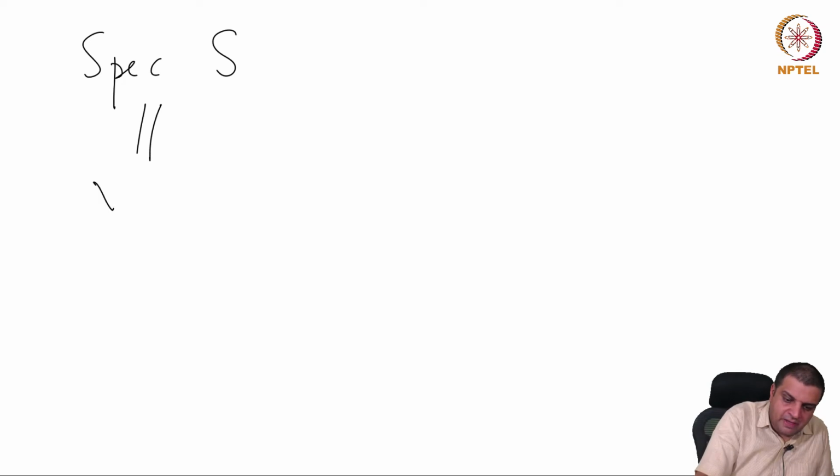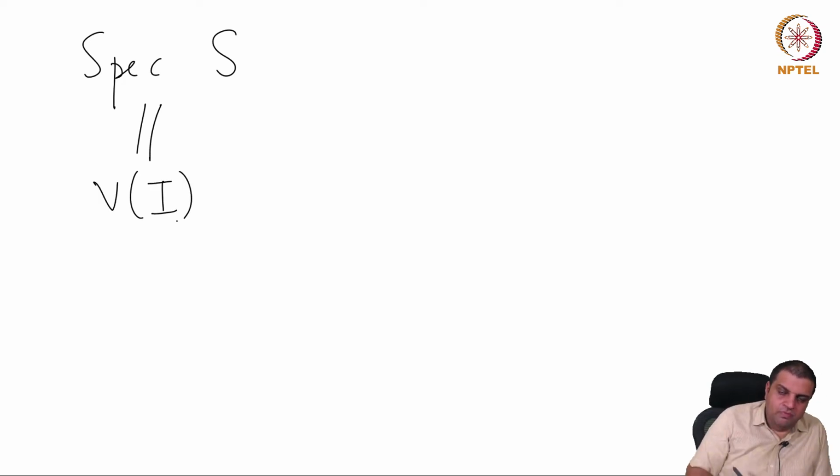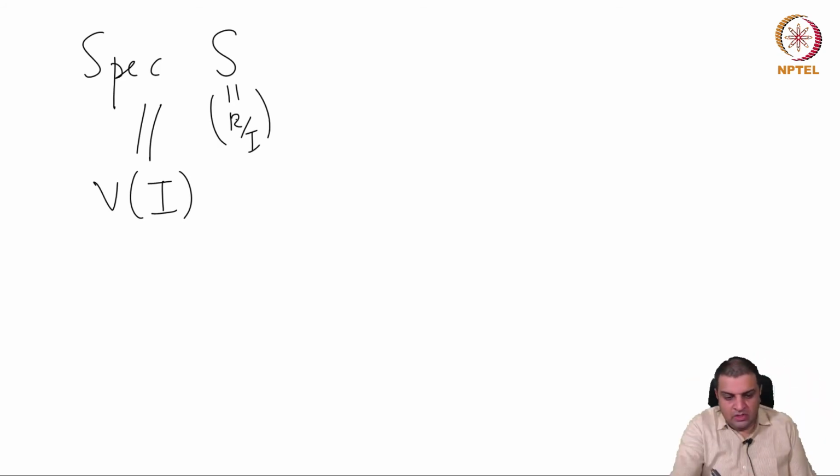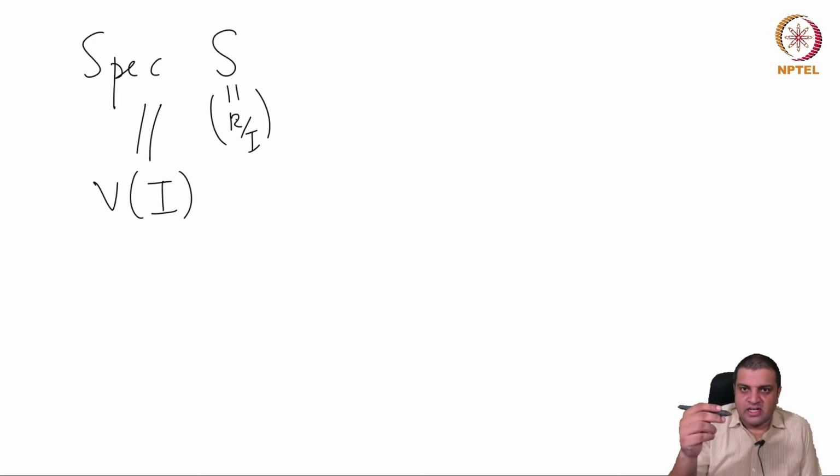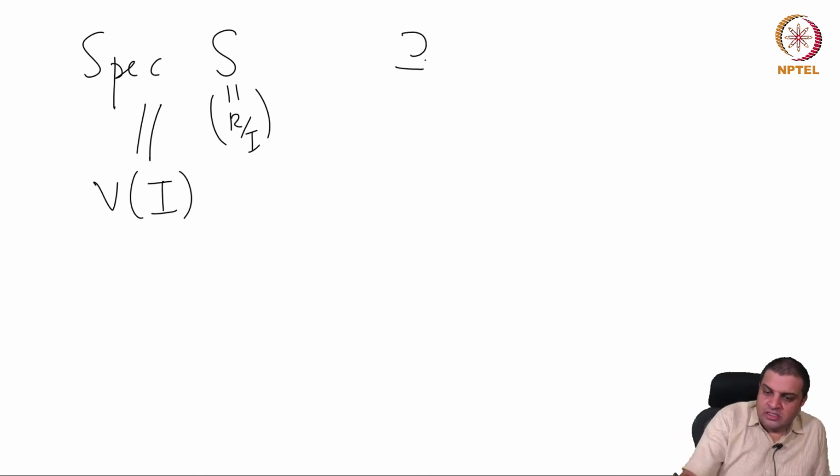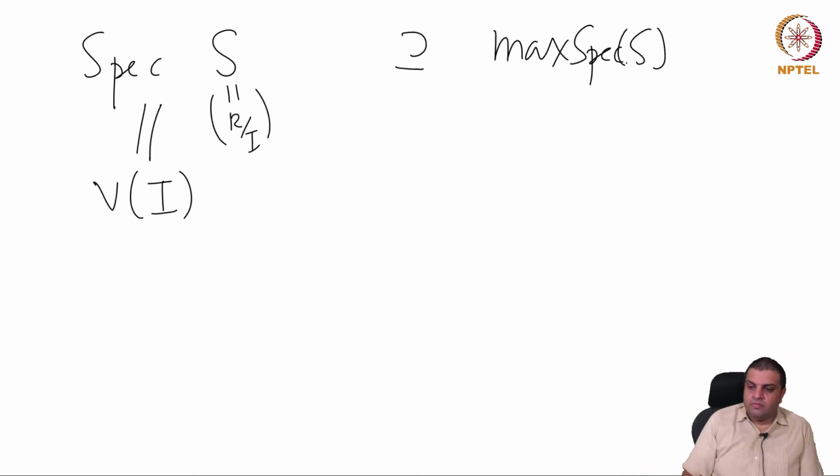We know that Spec of S, where S is R mod I, we can think of as V of I inside Spec S. And this one contains Max Spec S, the maximal spectrum of S.